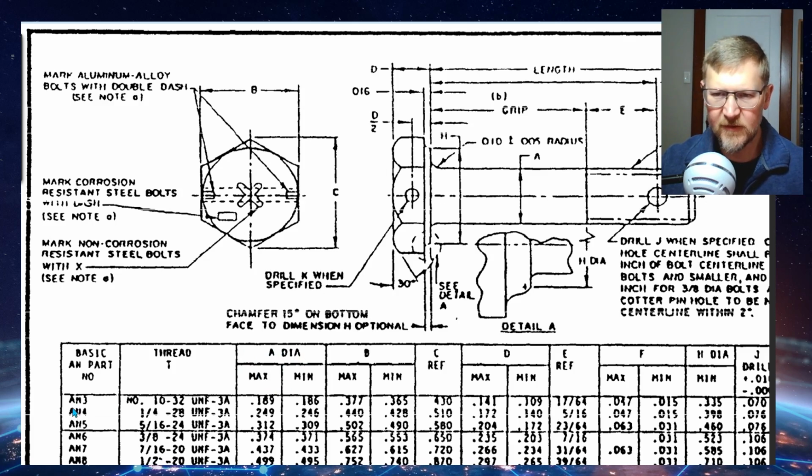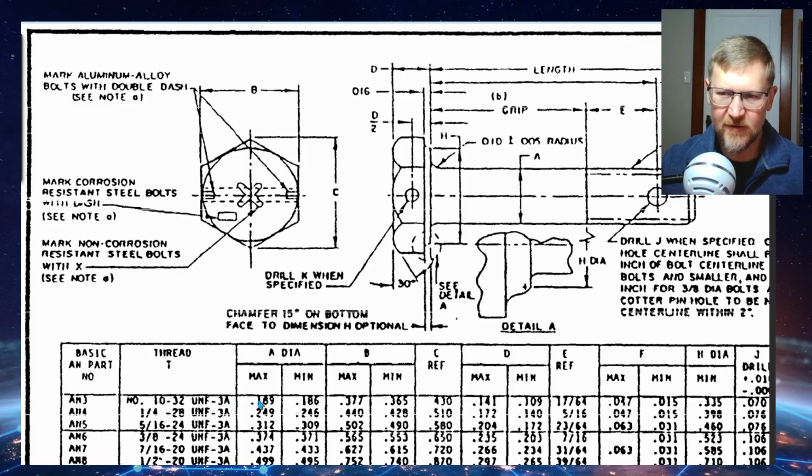In this example, we'll be talking about the AN3 bolt. A 10-32 is sometimes listed as a 0.190. That's a 0.190 diameter fastener, and that's the dimension in inches, so 190 thousandths of an inch.